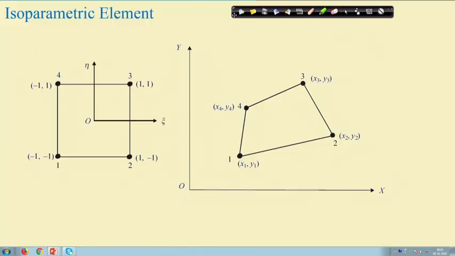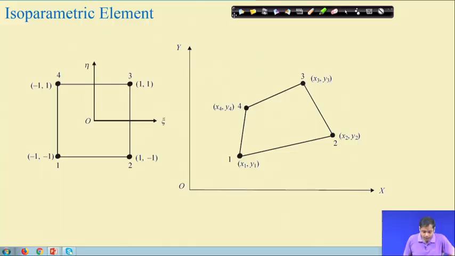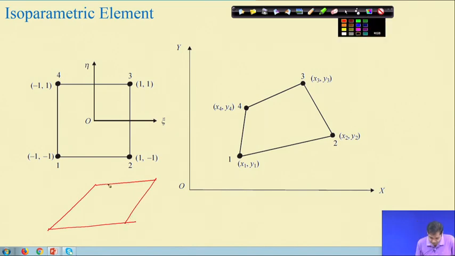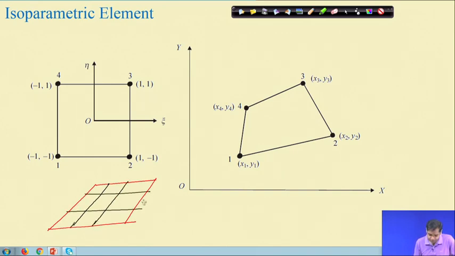But many times, for instance, you have a domain like this, any arbitrary domain, and you discretize this domain into a set of elements. These are your 4 noded elements; the red is the boundary, and these are the nodes.